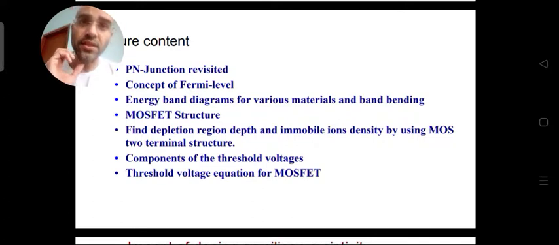You hear about the threshold voltage of the MOSFET. On what factors does it depend, and what is the reason for this threshold voltage?